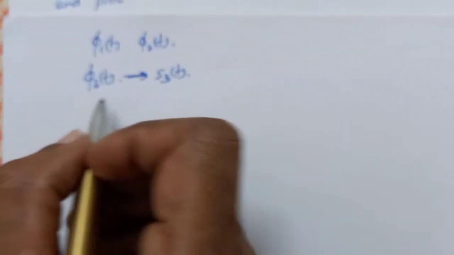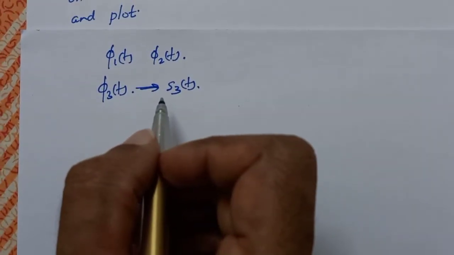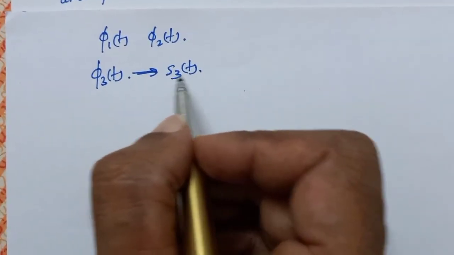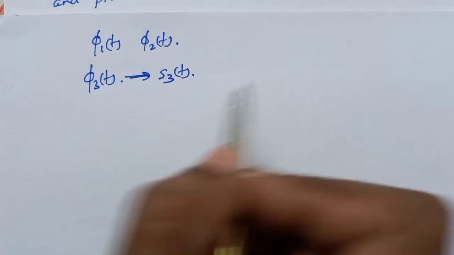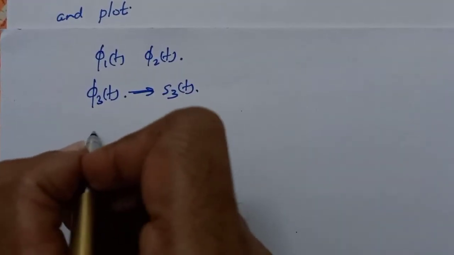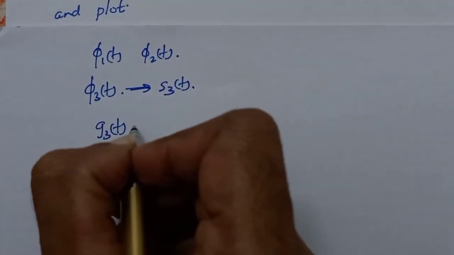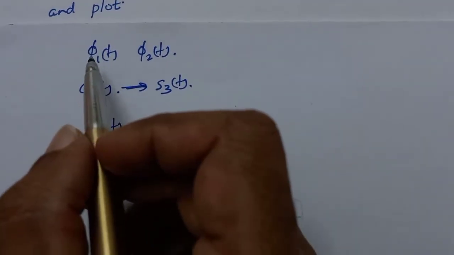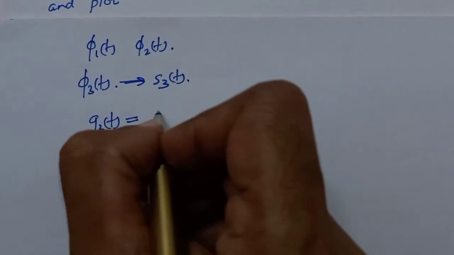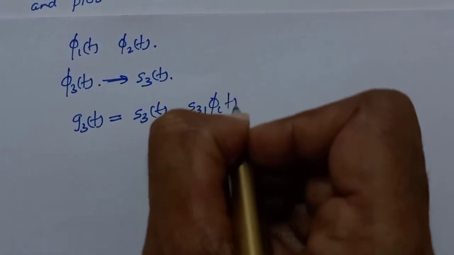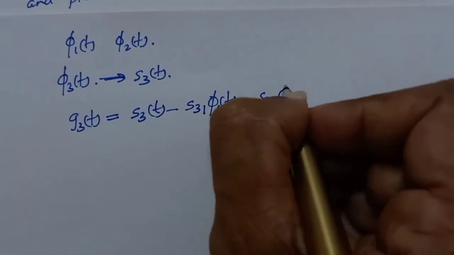From S3(t), we need to remove all the components corresponding to phi 1(t) and phi 2(t). That is, we need to find the intermediate function G3(t). G3(t) is orthogonal to both phi 1(t) and phi 2(t). So how will you find G3(t)? G3(t) will be equal to S3(t) minus S31 phi 1(t) minus S32 phi 2(t).